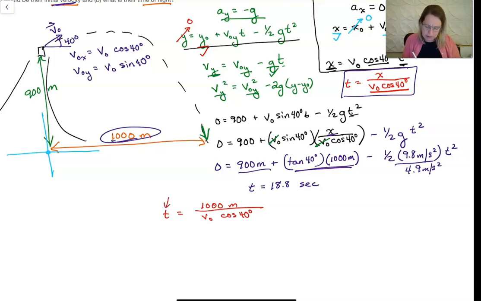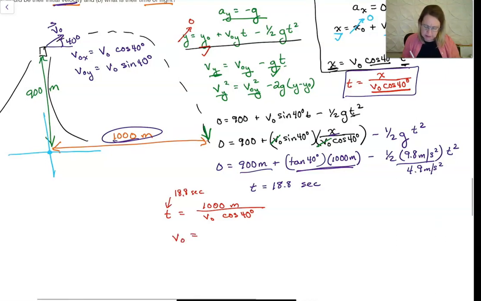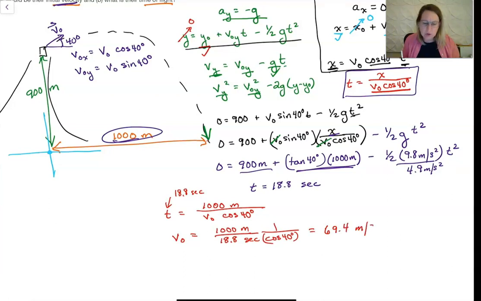If I put in 18.8 seconds, then I get v naught is equal to 1,000 meters over 18.8 seconds. The units are good. And then there's a 1 over cosine of 40 that I need to include in here. And when I do this, I get 69.4 meters per second as the initial speed.